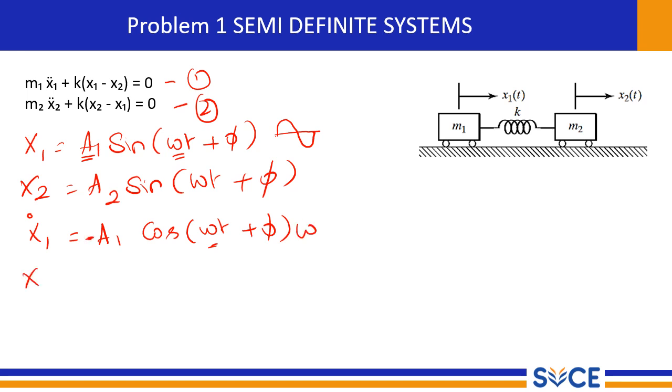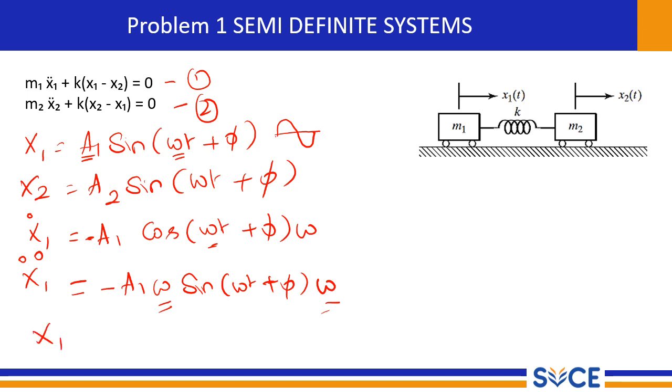Then x1 double dot, that is, velocity is once again differentiated with respect to time, so we get acceleration. Minus a1 still remains, omega is already there, and cos (omega t plus phi), if I differentiate, will become sine (omega t plus phi) with another omega. This omega will be multiplied with the already existing one.